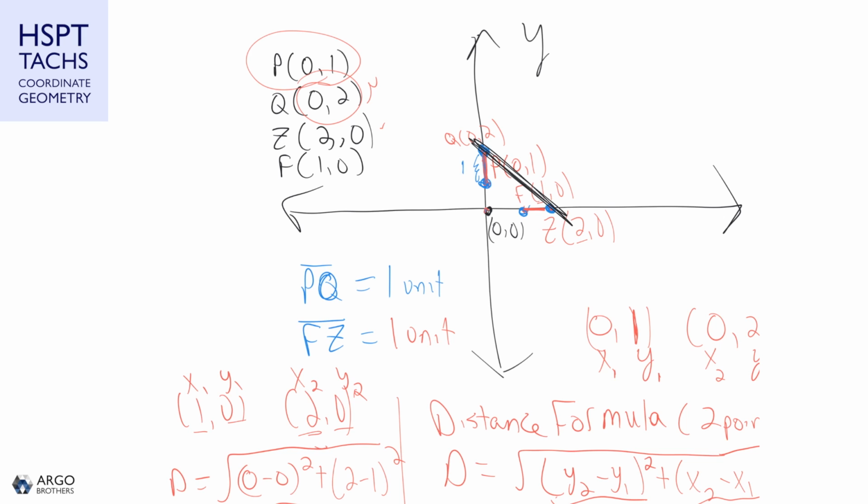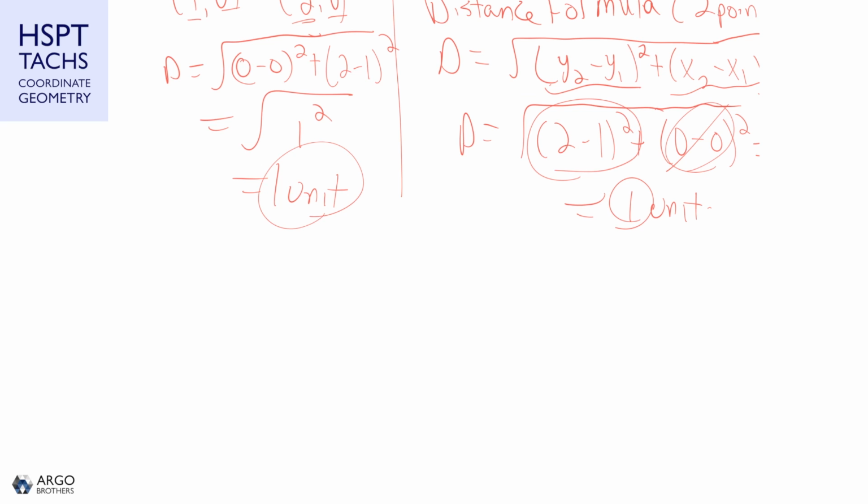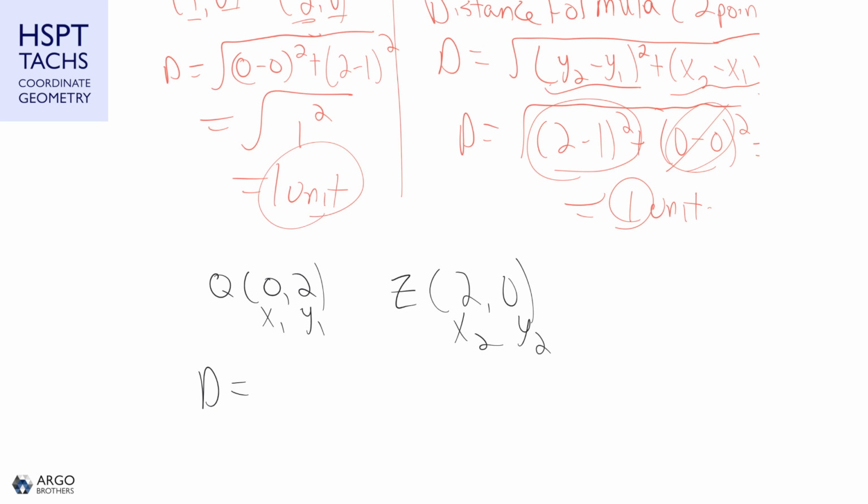Q is 0, 2, and Z is 2, 0. So those are our 2 points, okay? So here's x1, y1, x2, y2, and the distance is the square root of y2 minus y1, so that's 0 minus 2.